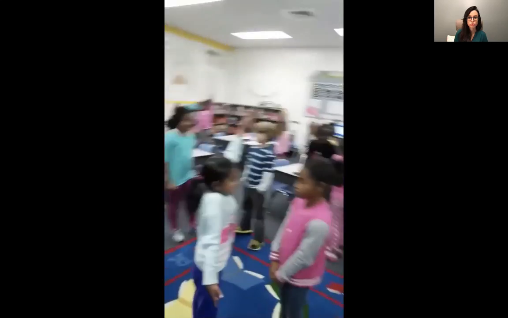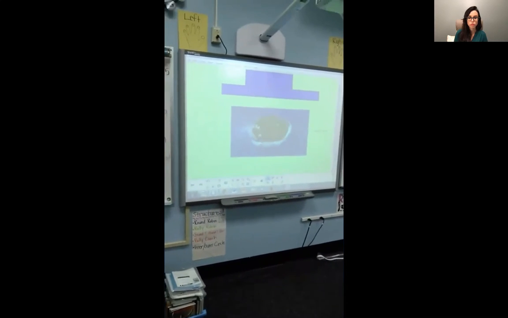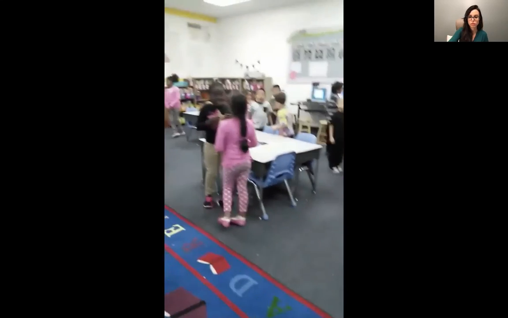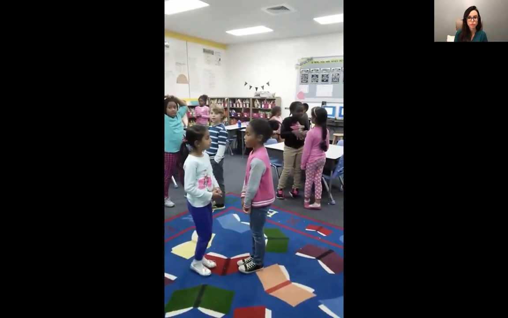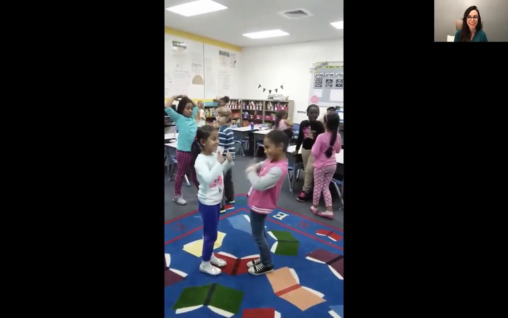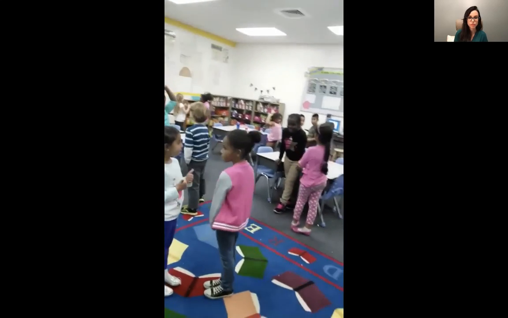Decide who's going first. Raise your hand. Okay, first person. Take a look at that landform. First person, tell them what it is. Second person, describe what an island is with. Three, two, one.